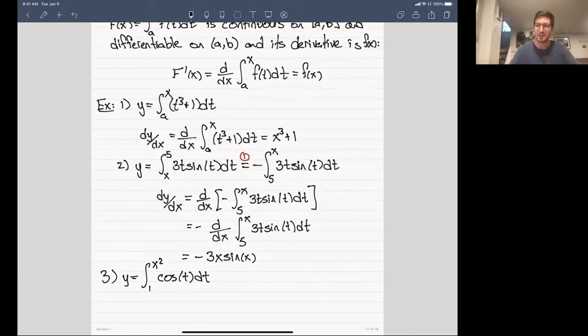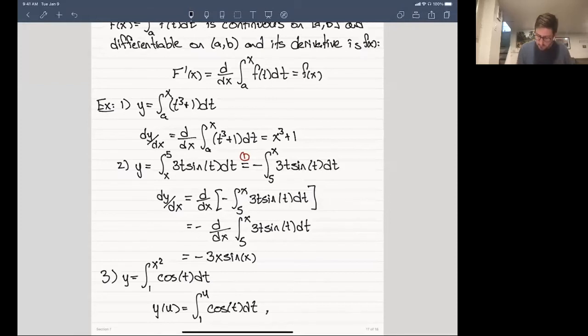Well, luckily we have a ton of other techniques for taking derivatives. And we can introduce a dummy variable in the middle here to really view this thing as a composition of functions. And when we think of composition of functions and derivatives, that means that we have to use the chain rule. So let's really think of y as a function of u that says, if I give you a value of u, you integrate up to that value of cos of t.